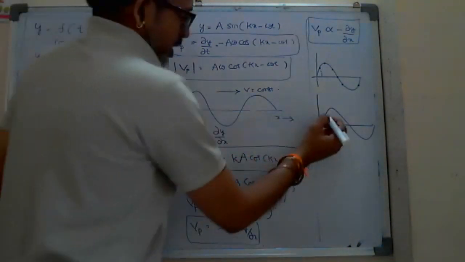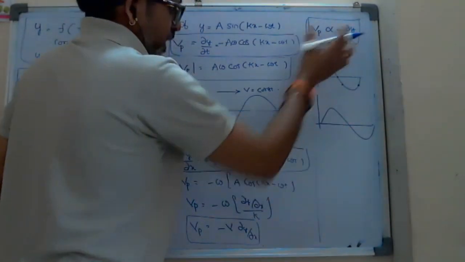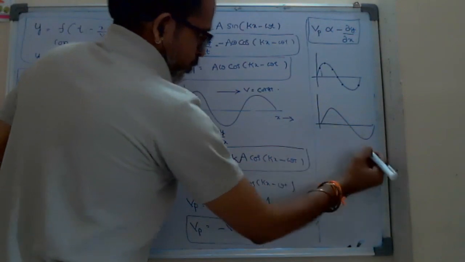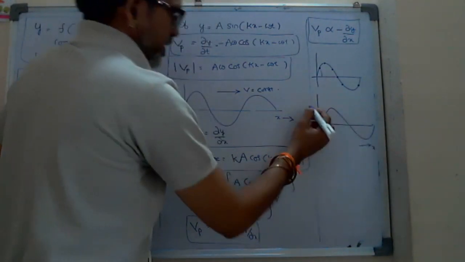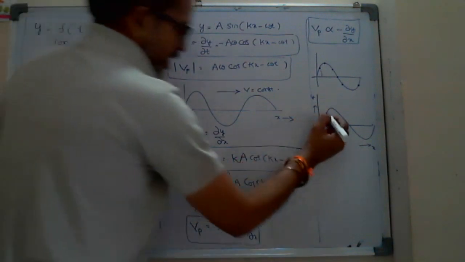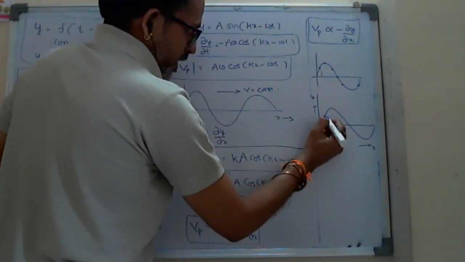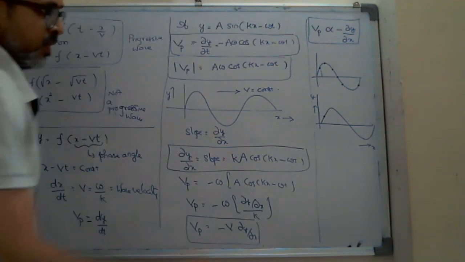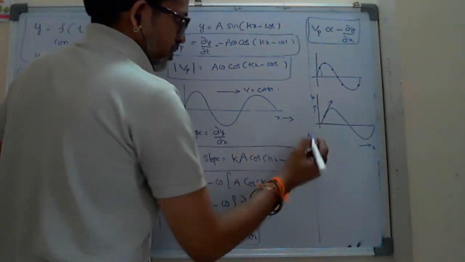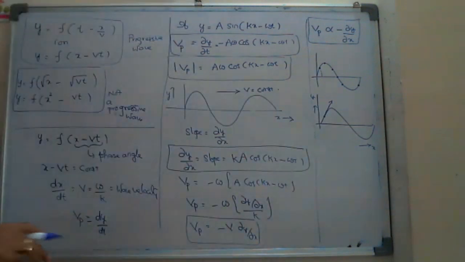So from this relation I can say, suppose this is the x-axis and this is the y-axis, and here is one point, say point A. There, if I draw a tangent, is that tangent giving a positive slope or a negative slope?